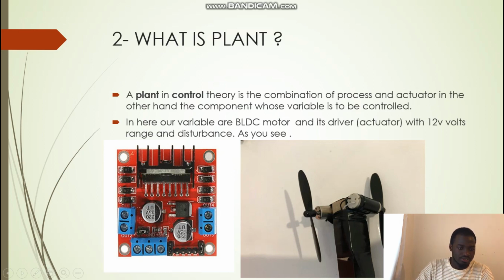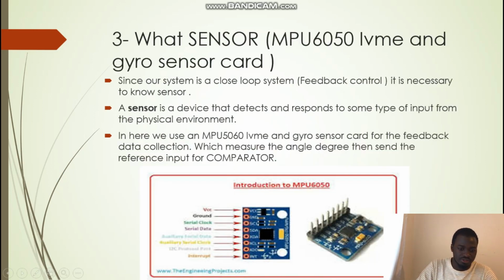Let's go and what is sensor? The sensor is a device that detects and responds to some type of input from the physical environment. You can see from here. For example, it could be any sensor like heat sensor or airspeed sensor.